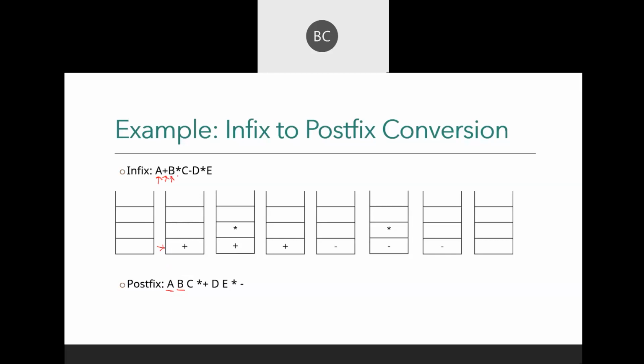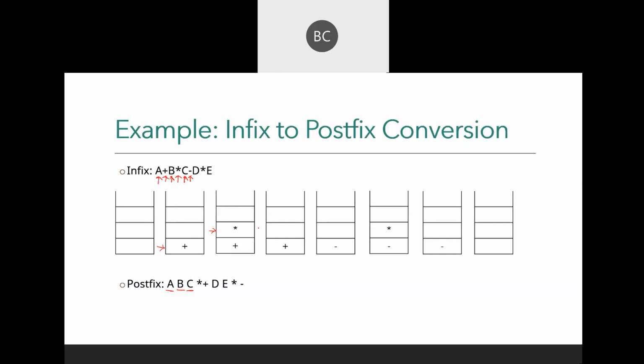Then our next symbol is the multiplication or star sign, so you push it to the stack. Next is C, so you write C in the result directly. Now we have the minus sign. Before pushing the minus sign, you have to check what is the top element.